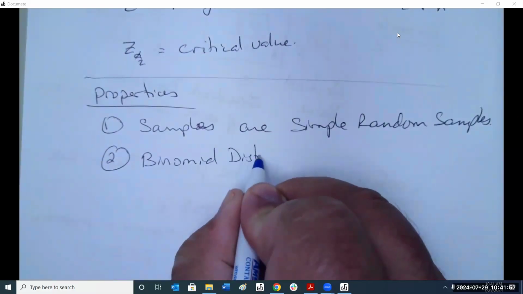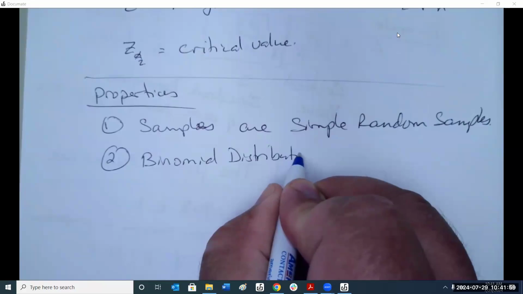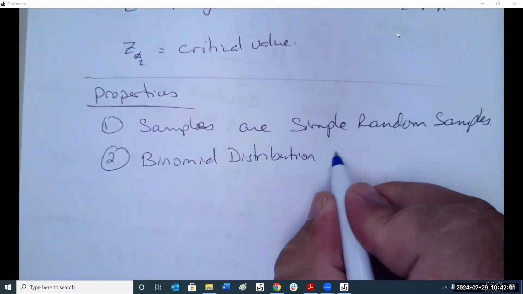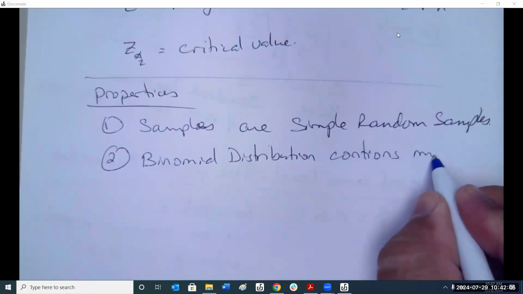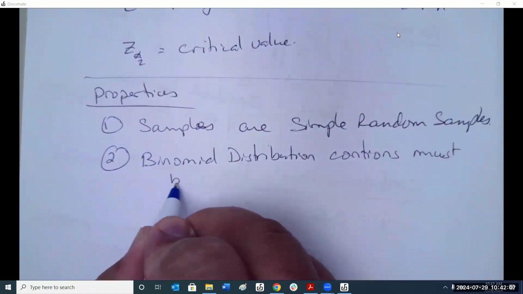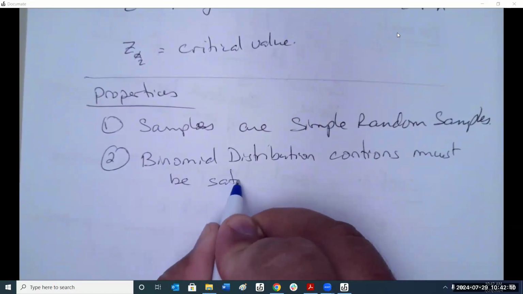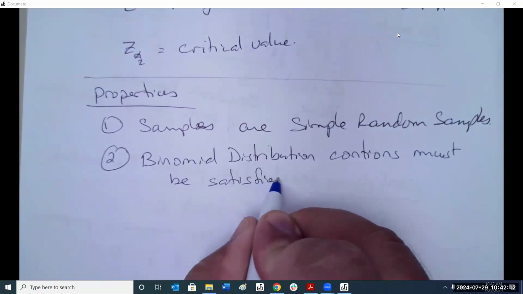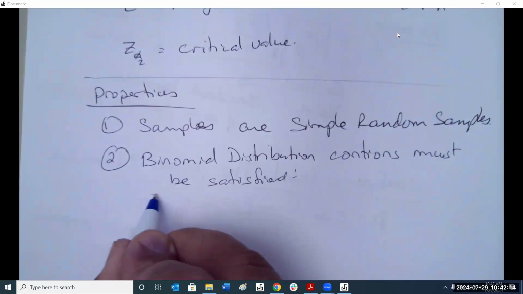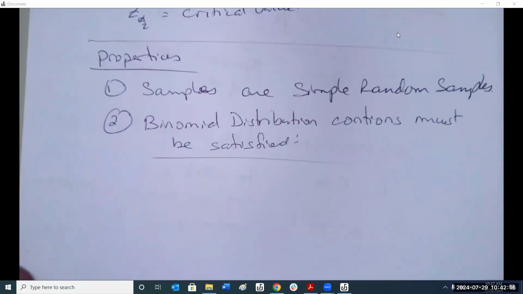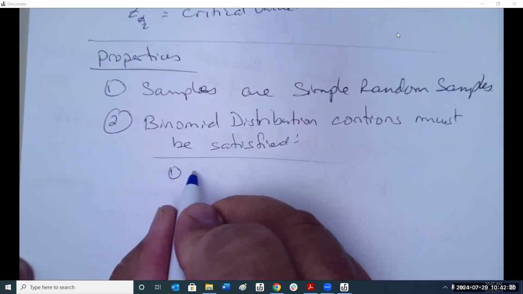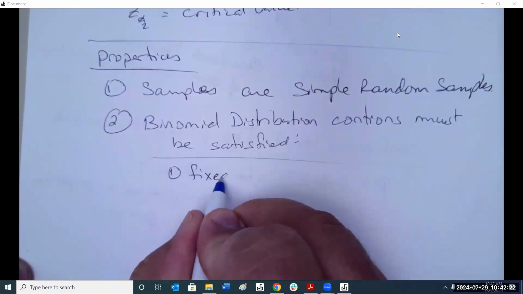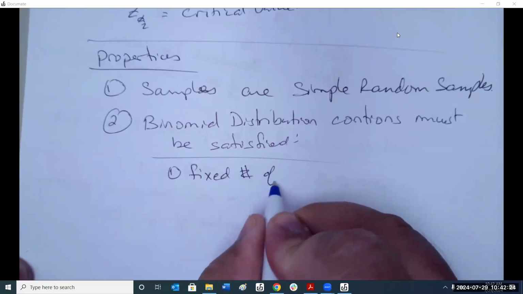Binomial distribution conditions must be satisfied. Fixed number of trials.